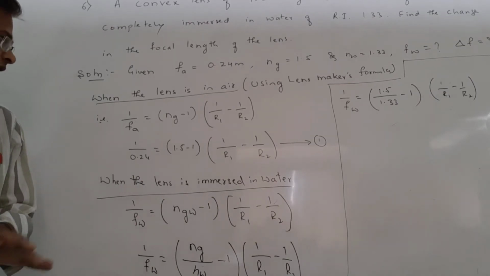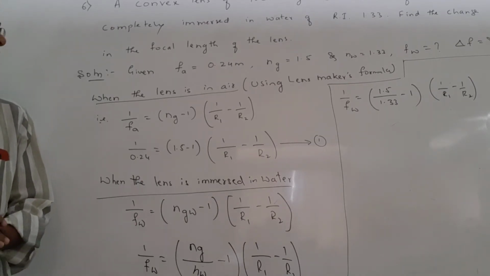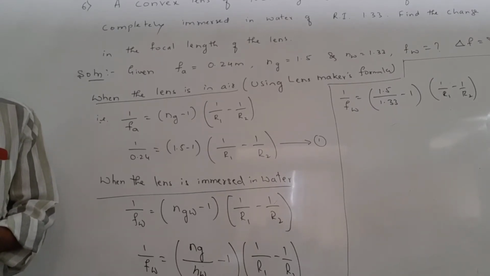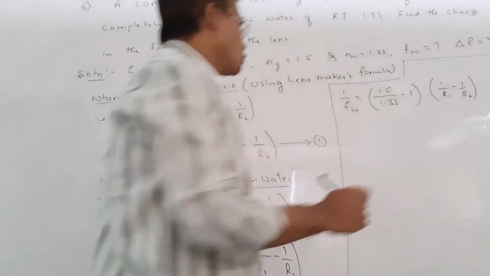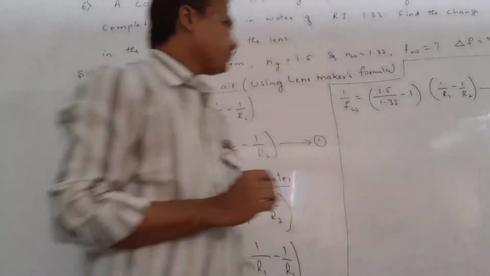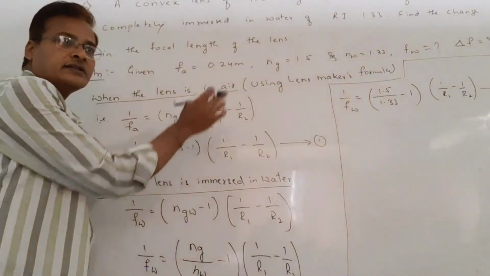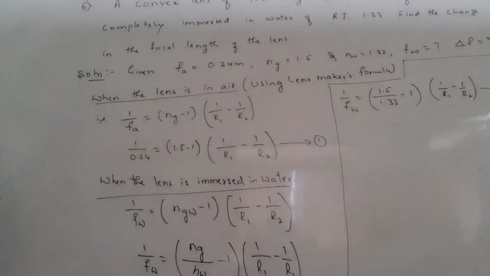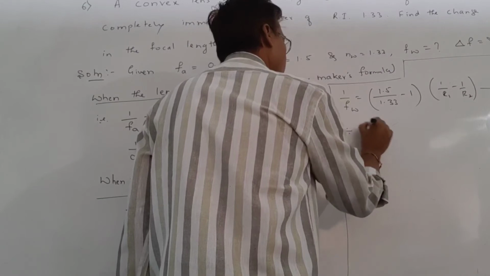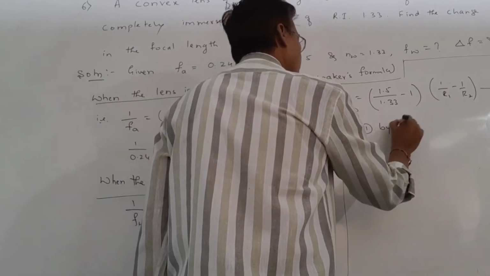Any doubt regarding it? If you have any doubt, you can ask me. If not, continue. Okay, so this is equation 2, and that was equation 1. So now we are going to divide equation 1 by 2.